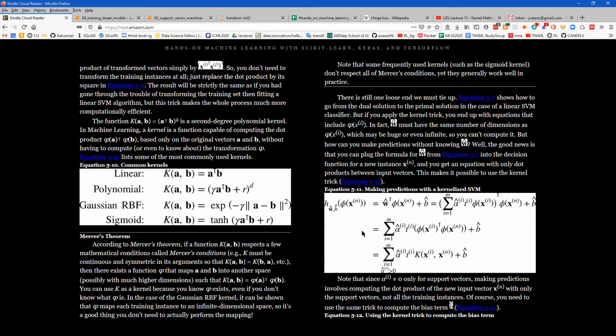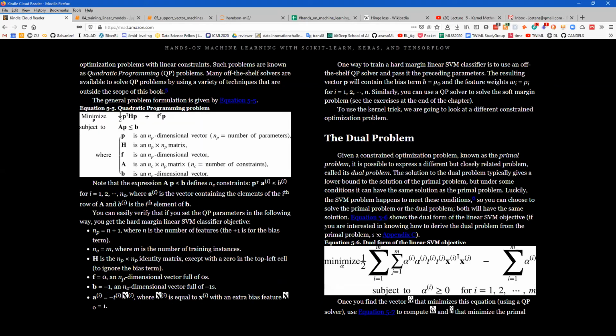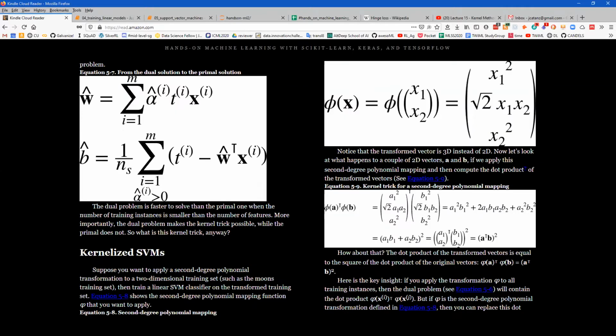So that's basically the kernel trick: when you have a dual problem, all you have to do is substitute the kernel function for xi and xj. If it's a quadratic function, then you use xi.xj squared instead of xi and xj, and then you go ahead and solve that problem. If it's a radial basis function, it looks more complicated.